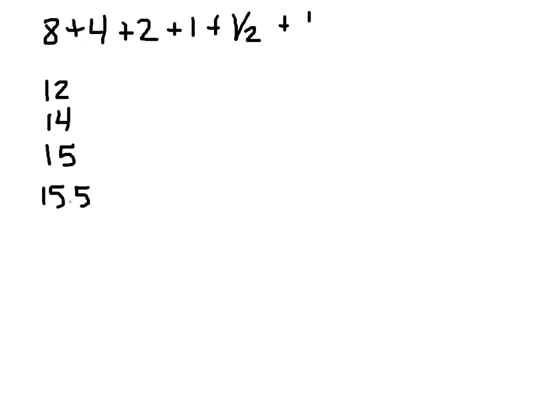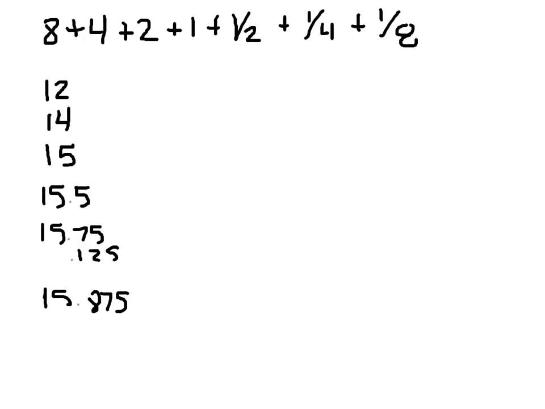And the next number was 1/4, so the next partial sum is 15.75. And the next number was 1/8, that's 0.125. If I add 0.125 to this, I get 15.875. So what I'm looking at is if I just were to add this up forever, what number would it eventually approach?